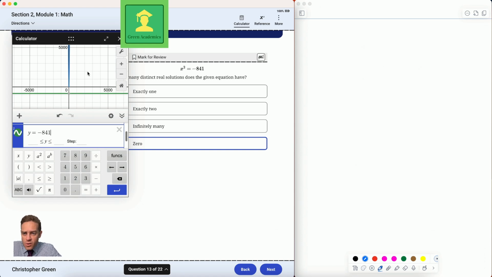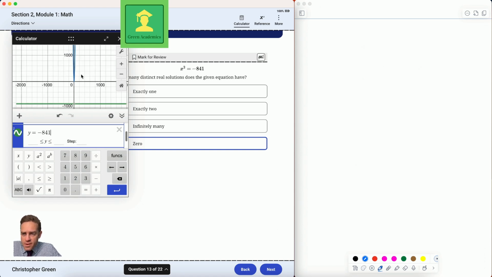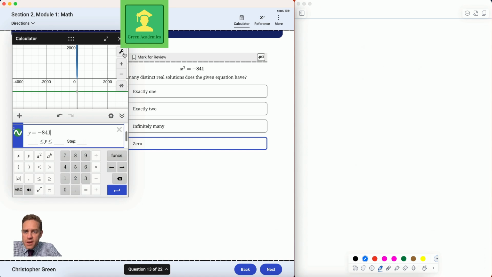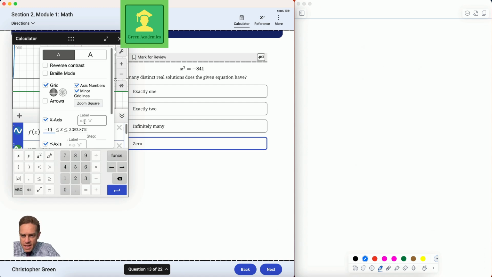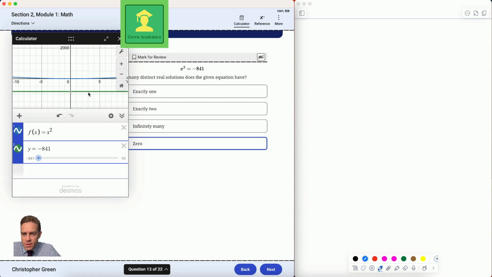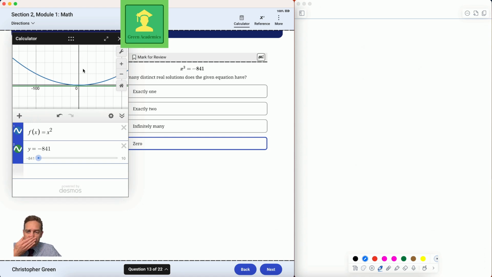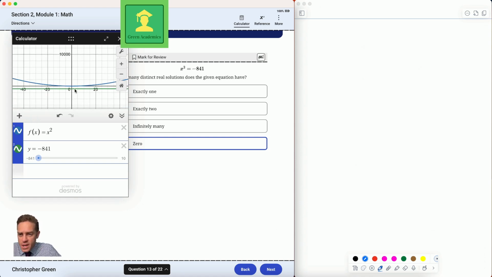If you zoom all the way out, it's kind of hard to see because of the dimensions. I guess we could change that. Suppose I change this to just from negative 10 to positive 10, so you can see the parabola more clearly. So even when you zoom all the way out, it never crosses, because the parabola is in positive territory, and you can never get down here to the horizontal line.